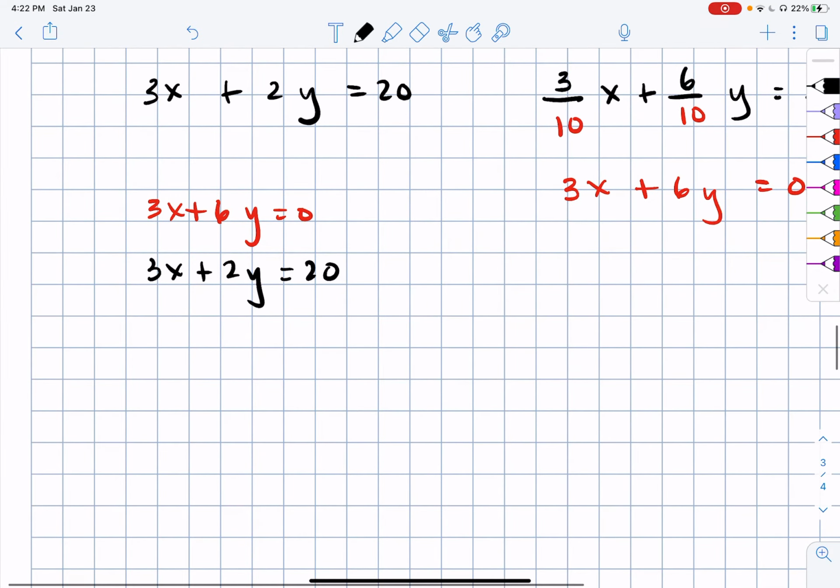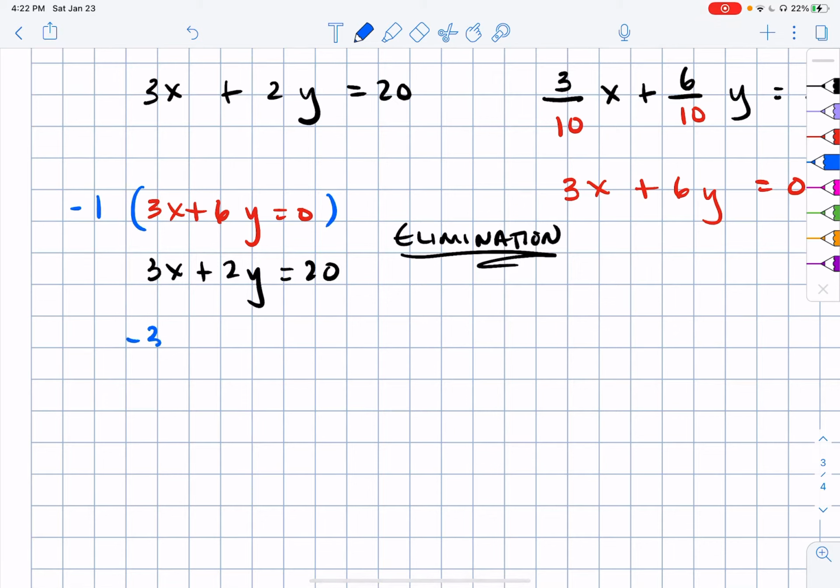Now I've got to do elimination. Okay, so that's what it says. Let's multiply the top one by negative 1. Okay, so what am I going to get?